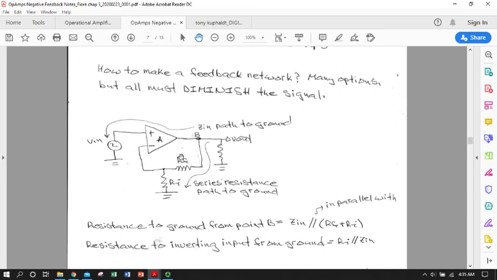So this is one of the simplest, and I'd call it the classic series parallel negative feedback configuration, where you have a feedback resistor and what's called an inverting input resistor, R sub F and R sub I.